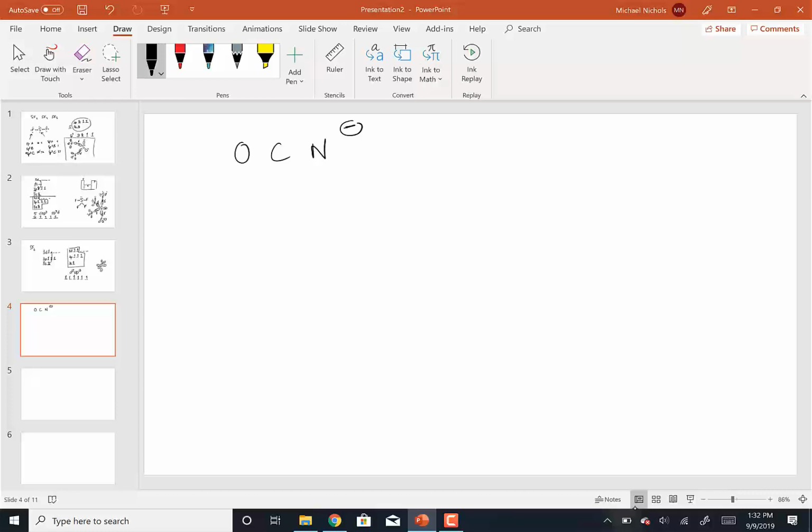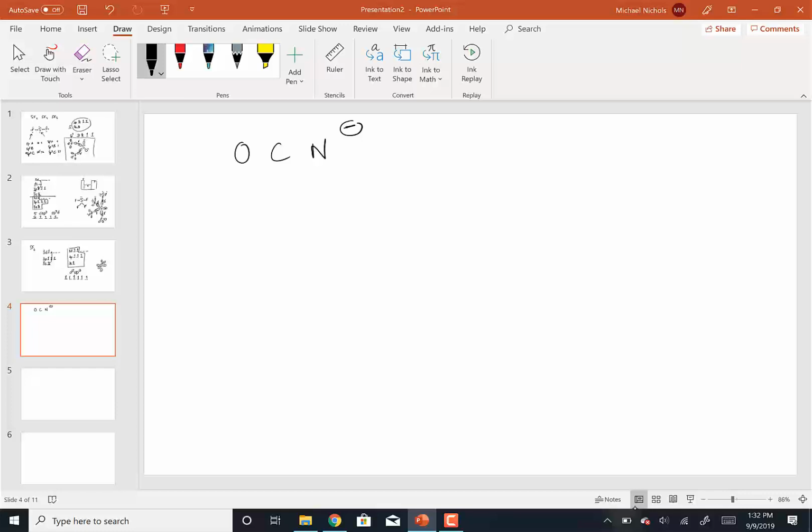I have to tell you the number of resonance structures I'm expecting you to draw, and I also have to lay down the following rule: for these kinds of problems at the beginning of the course, all of the resonance structures are going to have atoms with completed octets, for the most part.